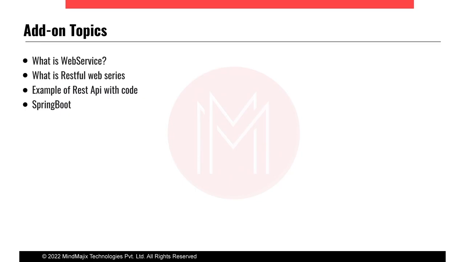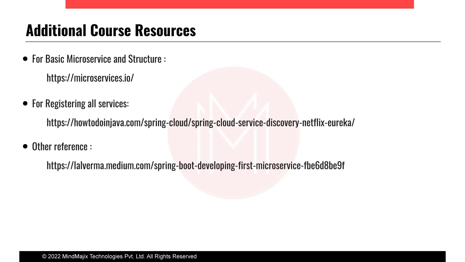I'll be letting you know what a web service is, what a RESTful web service is, and the REST API with examples of code in Spring Boot. In Spring Boot we'll be learning all the small annotations and how they help the microservices to be connected. Everything we'll be learning in our sessions. And in this slide I have provided some links which can help you for your reference.